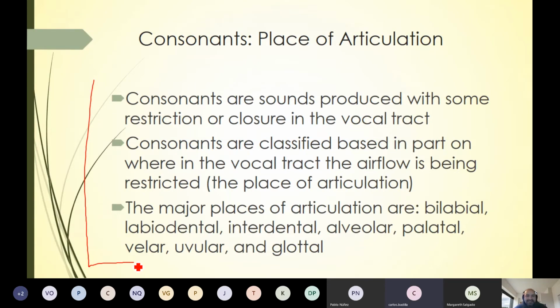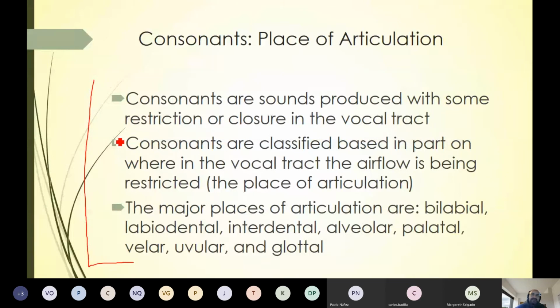Exactly. Thank you, Carlos. You're welcome, teacher. So remember that we talked about vowel sounds first, and then we started talking about consonants. In general, when we are producing vowel sounds, there's no restriction, and the airflow flows freely, right? The airstream goes from the lungs out, as I mentioned before, without major restrictions or obstructions. But when we talk about consonants, we need to talk about a range of different degrees of restrictions.